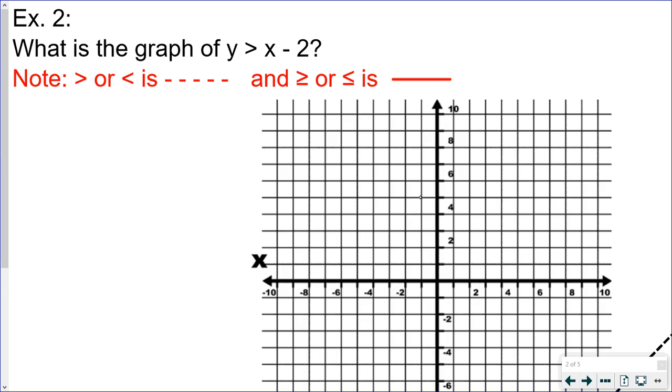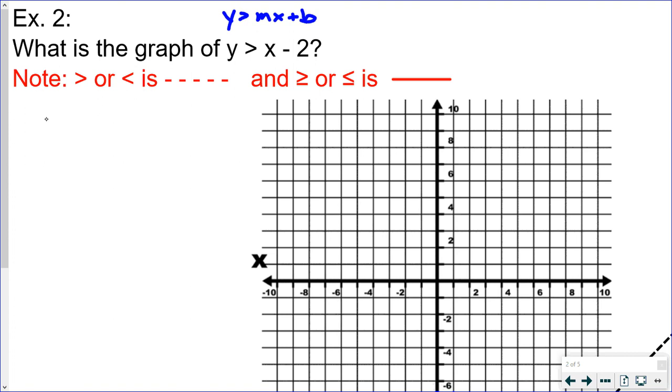So graphing linear inequalities. We're going to use a lot of the same things that we did with linear equations. If you think back to linear equations, this is in slope-intercept form. Y, and instead of an equal sign, I'll put the greater than sign, mx plus b. So we're going to treat this just like a linear equation, except that there's an inequality symbol there.